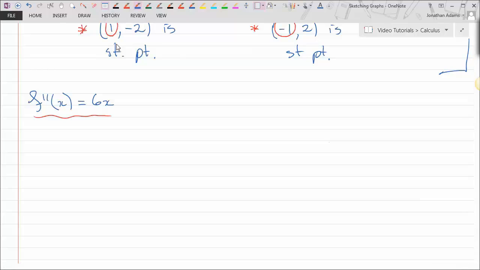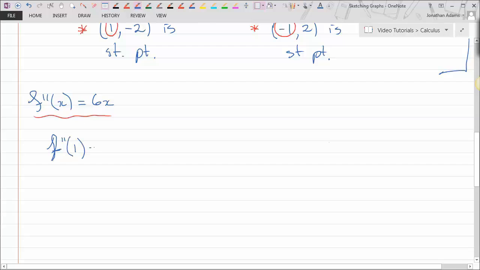To classify this first stationary point, we're going to need to work out f double dash of 1. In other words, 6 times 1. That's equal to 6, but more importantly, that's greater than 0.